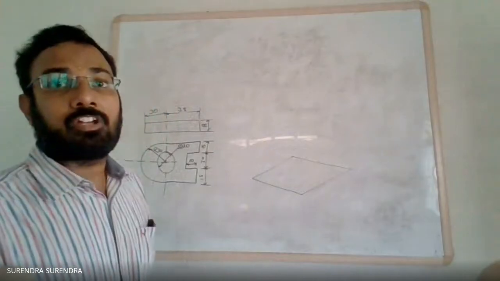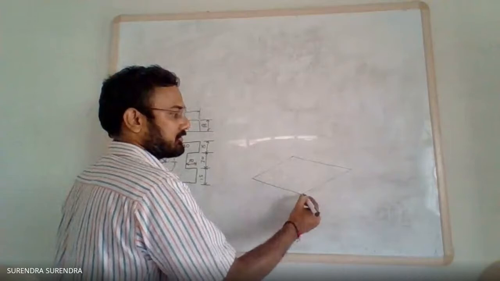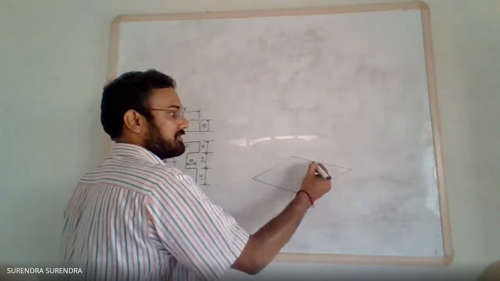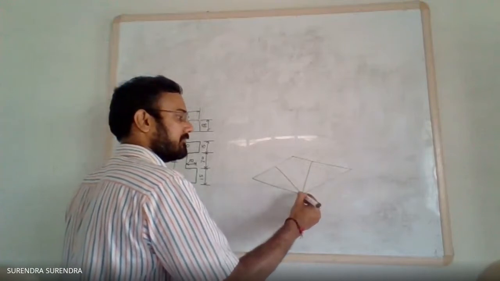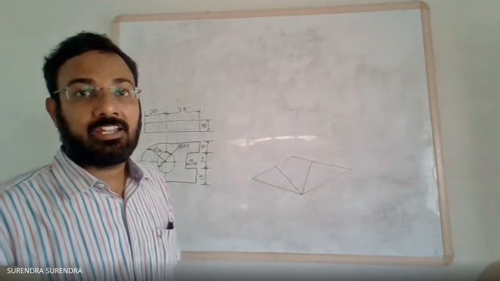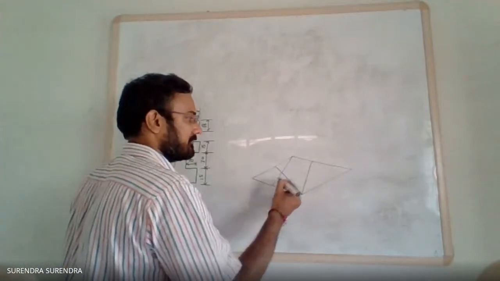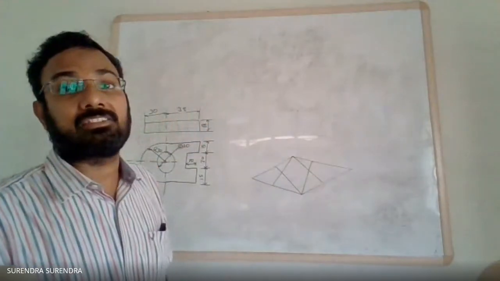Now, what is the longer diagonal and what is the shorter diagonal? Join the shorter diagonal endpoints to the opposite side midpoints. Do it with a 2H pencil as light as possible.